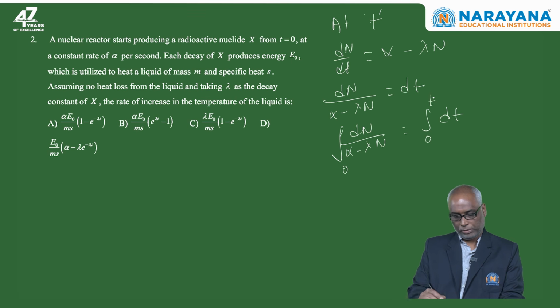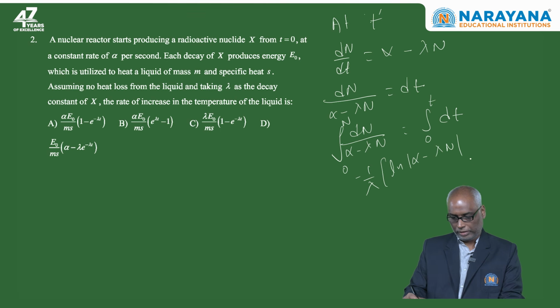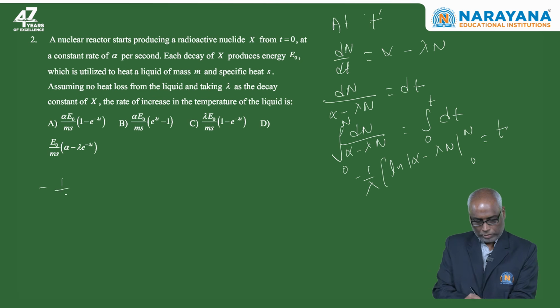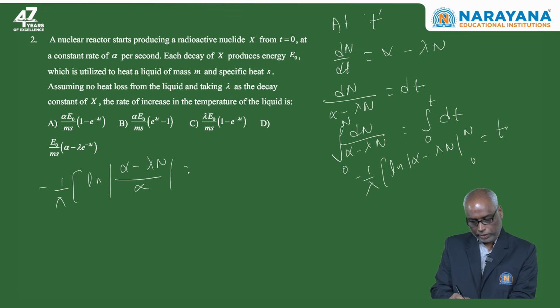At an instant of time t, let the number of nuclei be N. The integral can be written as minus 1 divided by lambda into ln of alpha minus lambda N between the limits 0 to N, equal to t. Applying the limits, minus 1 divided by lambda into ln of alpha minus lambda N divided by alpha is equal to t.